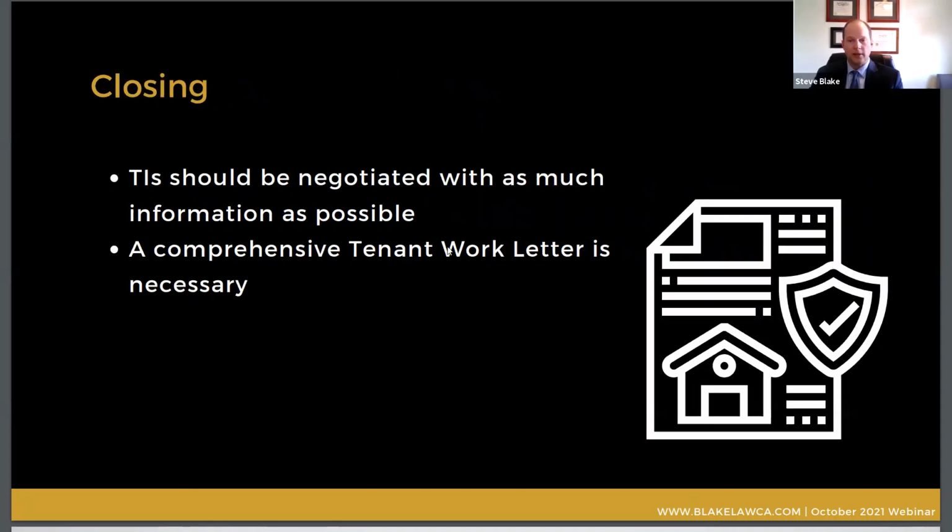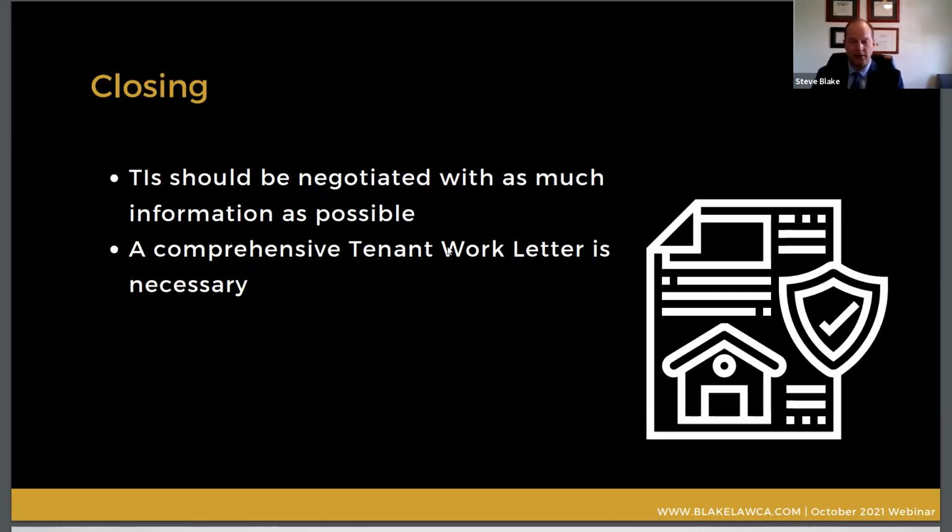So in closing, tenant improvement negotiations are complicated but necessary in almost any commercial lease that involves modifying the property in some way for the specific use of that tenant. And tenants and landlords should be prepared when they're sitting down with a new tenant to negotiate those and have information that gives you a basis to negotiate those in good faith.